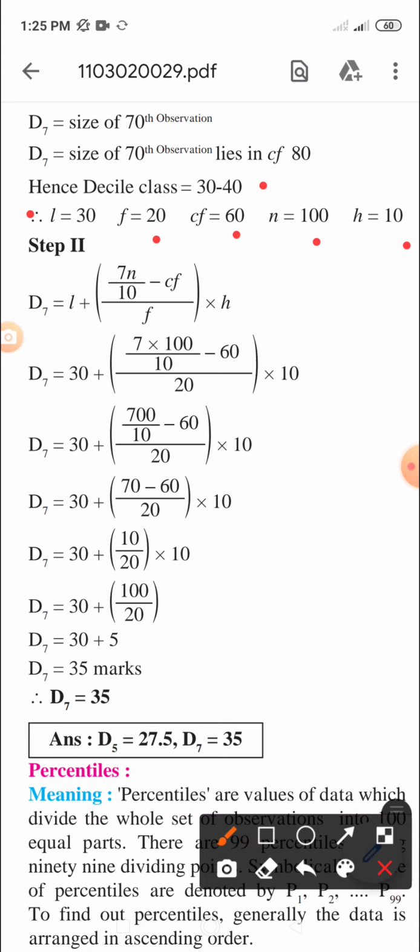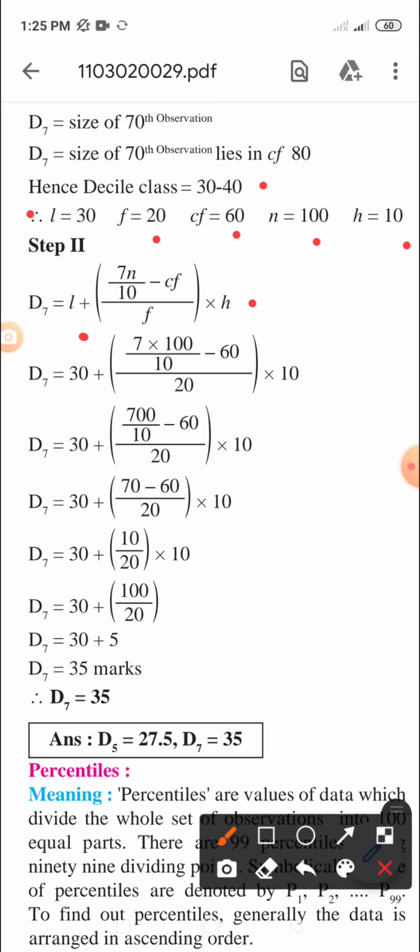So D7 is equal to L plus 7n. Why here 7n? Because we have to calculate the 7th decile. 7n upon 10 minus CF upon F into H.